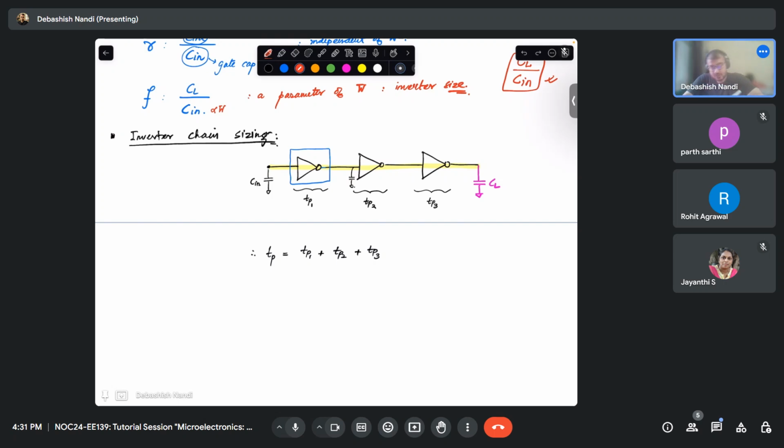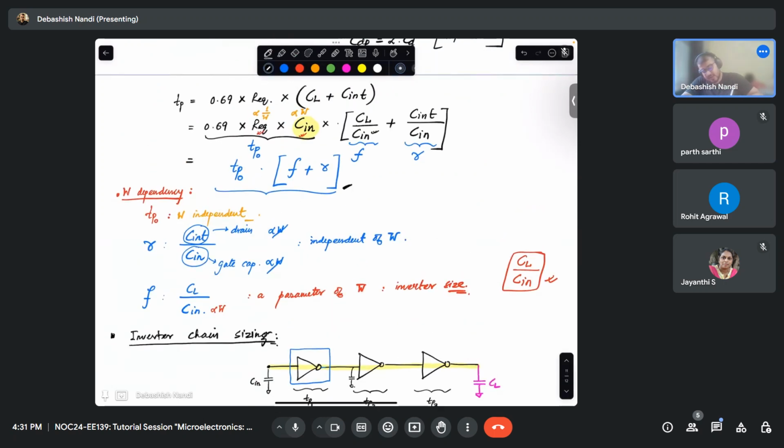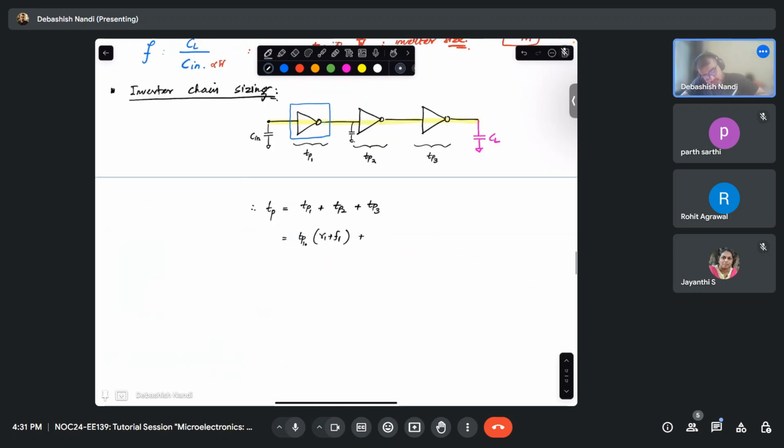Okay. So, sir, tell me, the formula is TP0 times gamma 0 plus F0, sorry, gamma 1 plus F1. From this formula, I am just writing this down. Similarly, this is TP2 times gamma 2 plus F2, plus TP3 times gamma 3 plus F3.